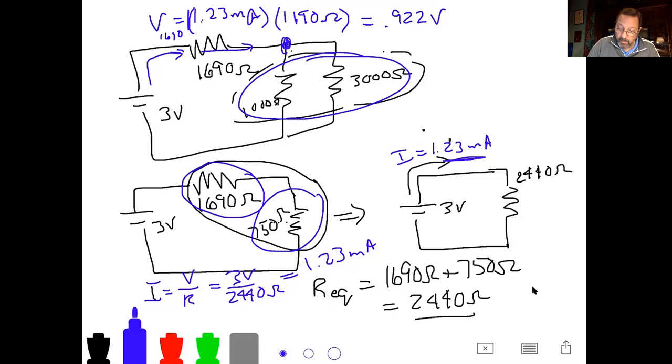I can either go, well, 3 volts minus 0.922 volts minus the voltage across the 750 has to add up to be equal to 0. So that must mean that the voltage across the 750 ohm resistor is equal to 3 minus 0.92, and 3 minus 0.92 is 2.88. Does that sound right?